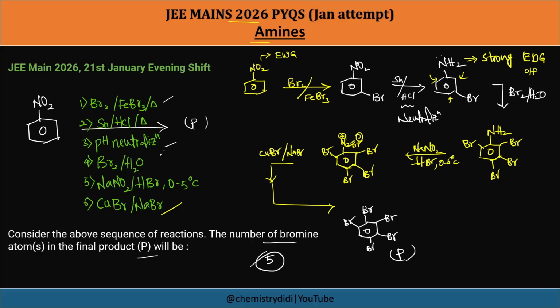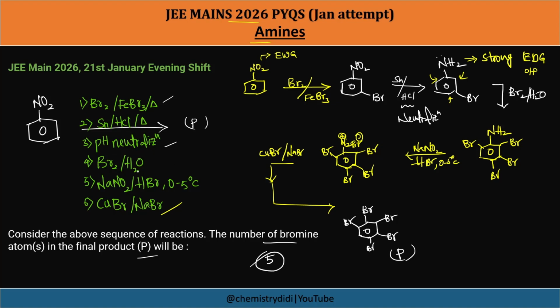We need this neutralization to regenerate the free NH2 group, because as it occurs in the presence of acid, it might convert to NH3 positive, which will act like an electron withdrawing group, right? So that's why we do this neutralization.